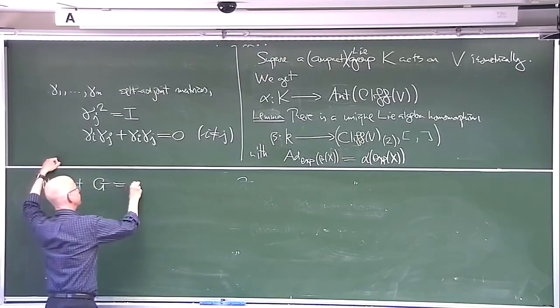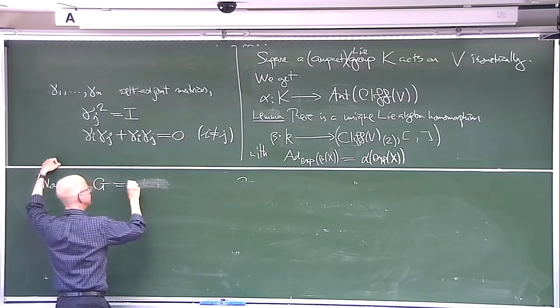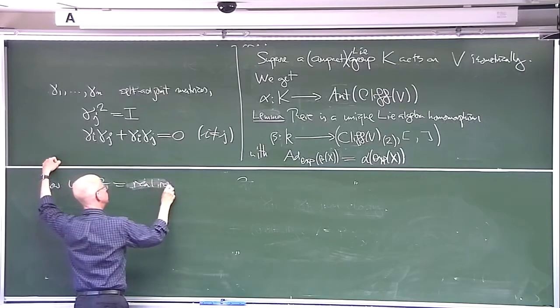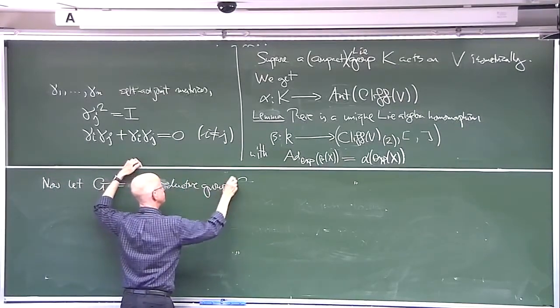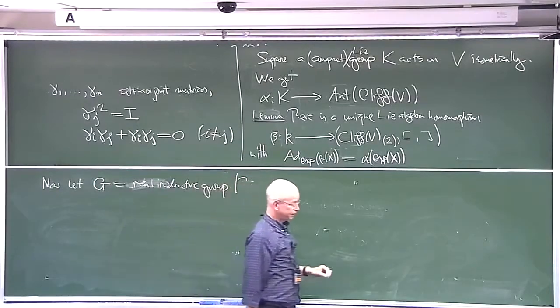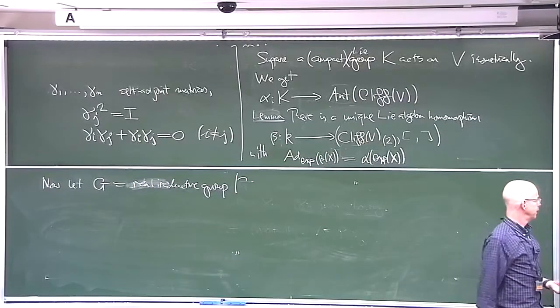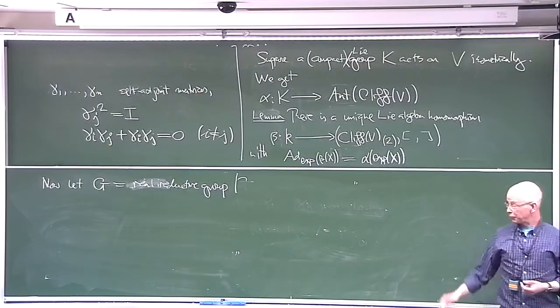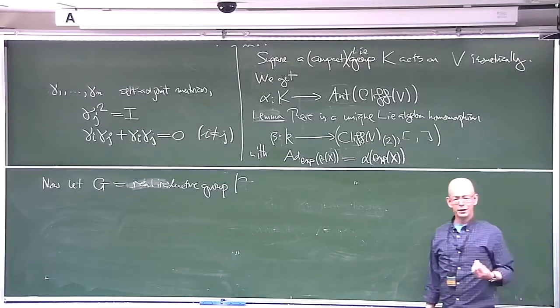So now let G be one of the groups we've been studying, a real reductive group. Everything that I'm about to say can be understood in a high degree of generality. So I'm going to make some hypotheses here. They're not really necessary, but they simplify things.